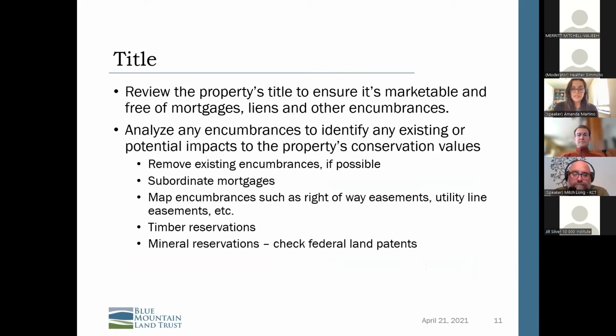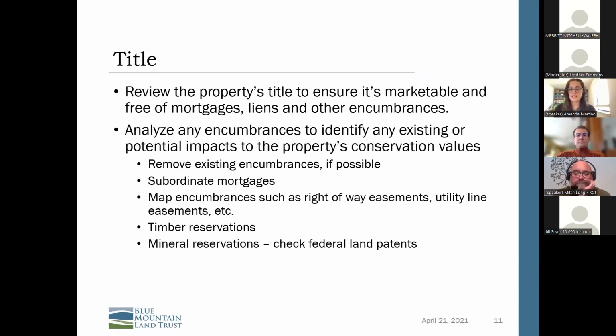So one of the first things a land trust has to do before placing a property under easement is review the property's title, make sure that it's free of mortgages, liens, or other encumbrances. If there are encumbrances, we have to identify any existing or potential impacts to the property's conservation values. So if there is a utility line easement right of way, does that go right through your protected habitat?